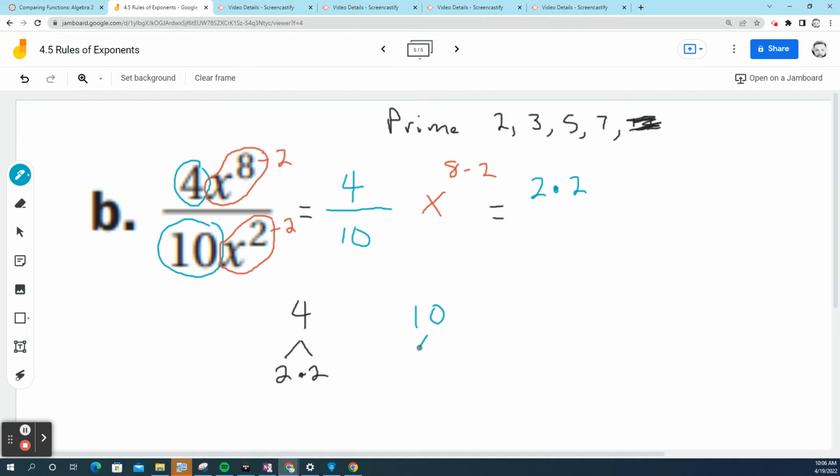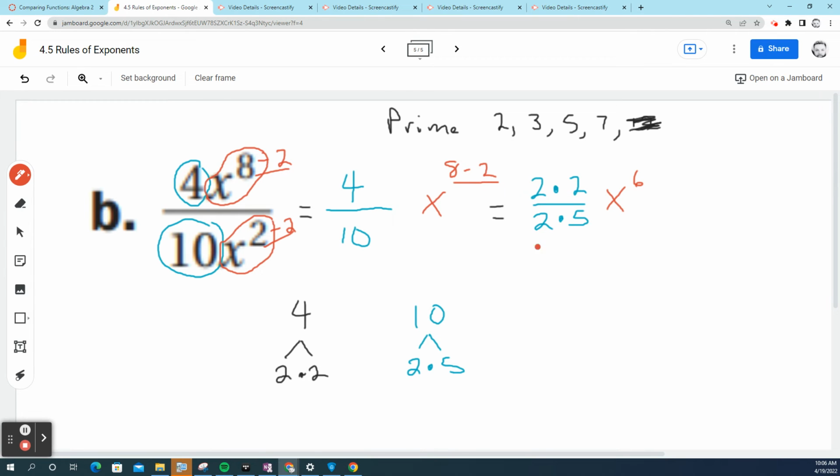Give me 2 numbers that I multiply to get 10. 2 times 5. 2 times 5, right? Now, let's write the x down. I've got x raised to what power? 6, right? Because we've got 8 minus 2. Because 2 cancel here and 2 cancel here.